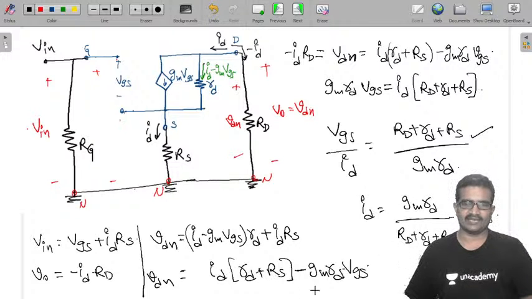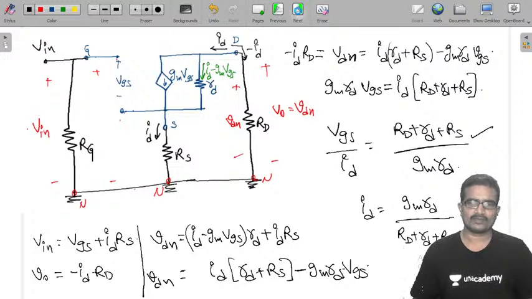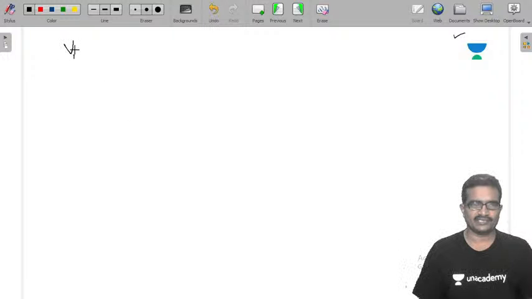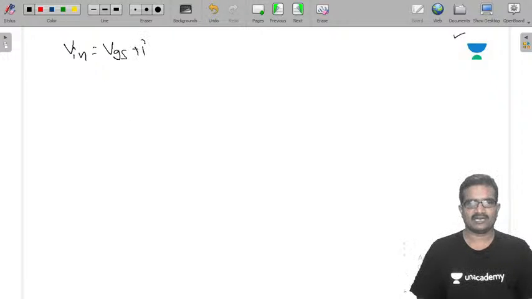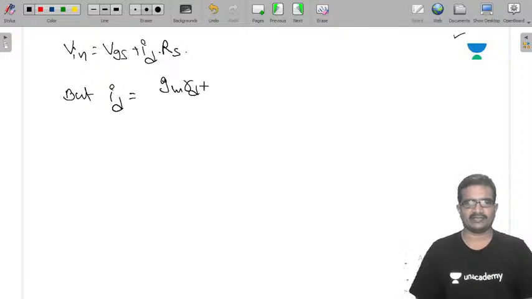Now take this ID value and substitute here. Therefore V input is VGS plus ID into RS. But just before we calculated ID, your ID is gm into rd into VGS by (capital RD plus small rd plus RS).